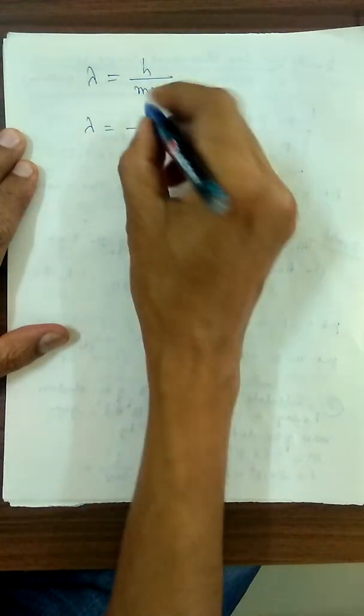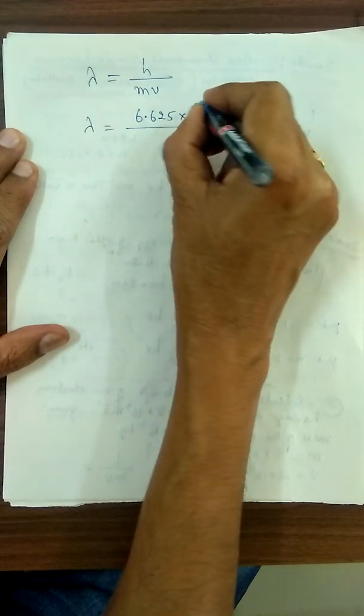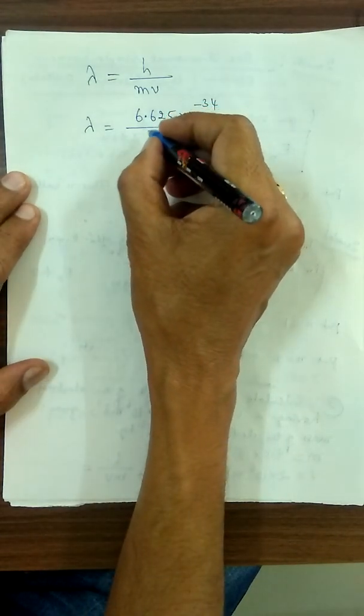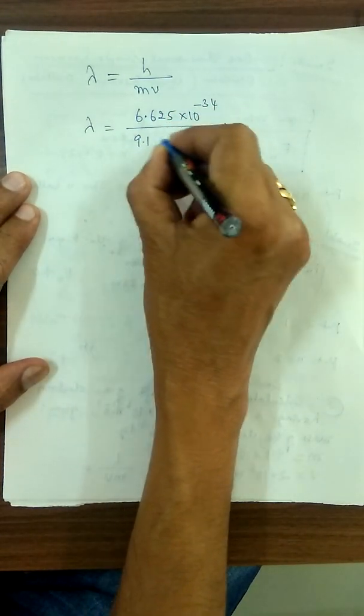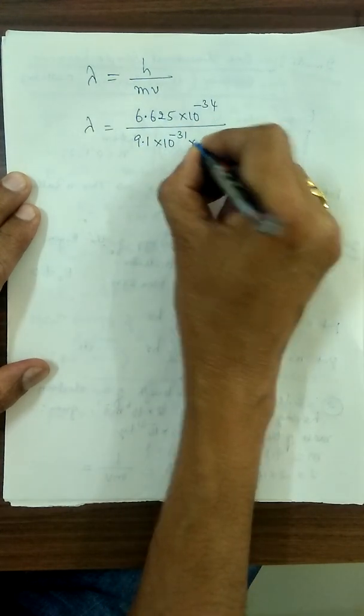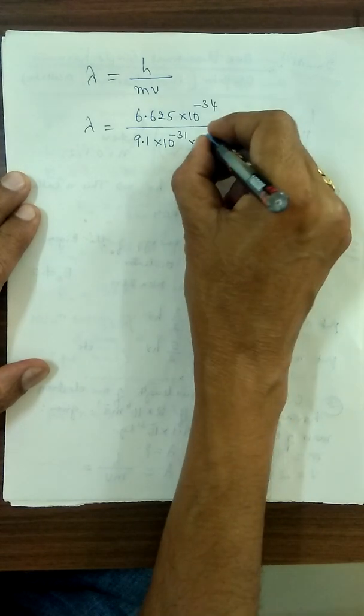The h value is 6.625 into 10 to the power minus 34 joule second. The mass of the electron is 9.1 into 10 to the power minus 31. The velocity is 2 into 10 to the power 6.